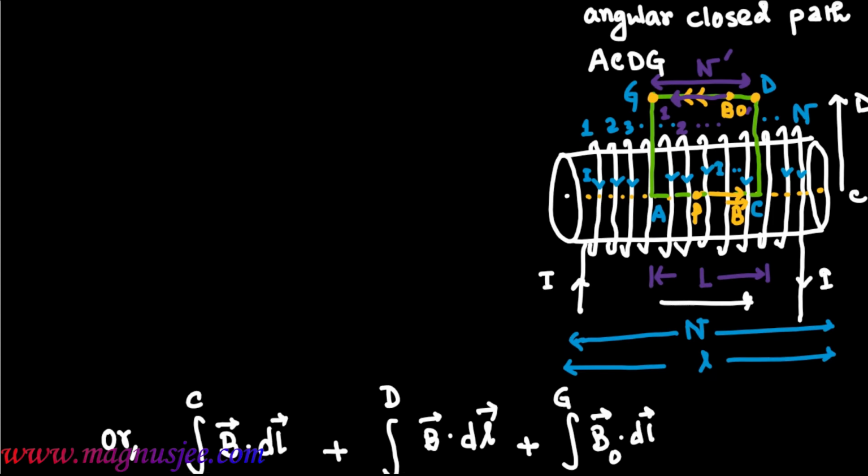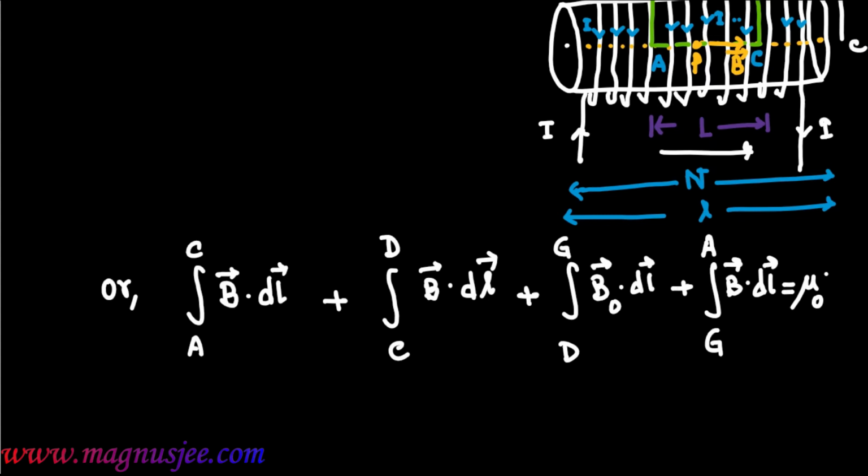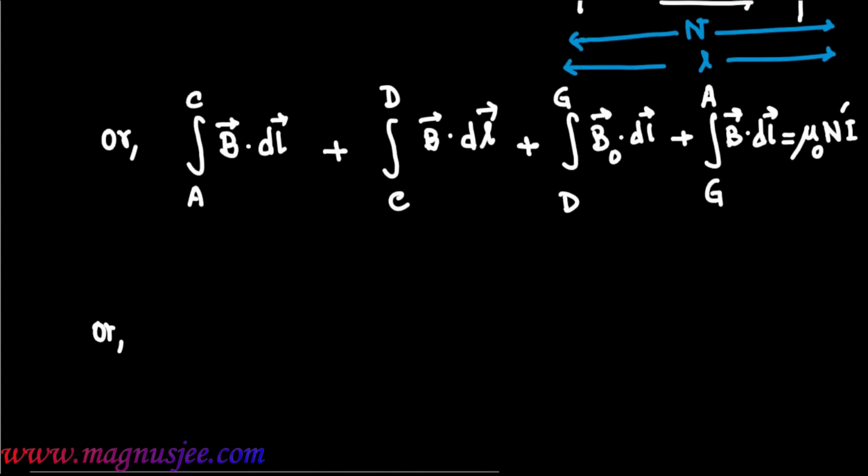B naught is a magnetic field induction which is acting outside the solenoid, and this B naught will be acting along DG. Then integration G to A vector B dot vector dl is equal to mu 0 n prime I, where n prime is the number of turns of the portion AC.